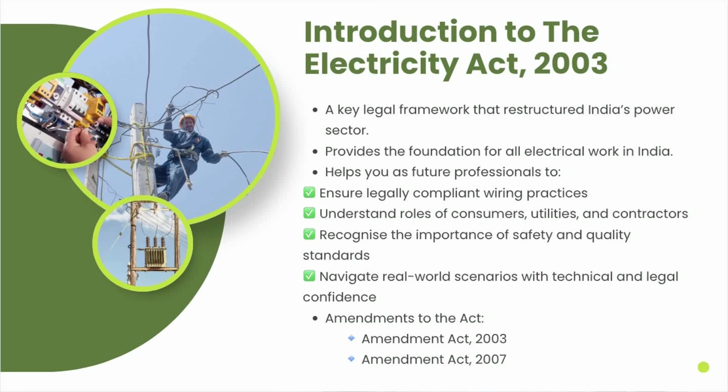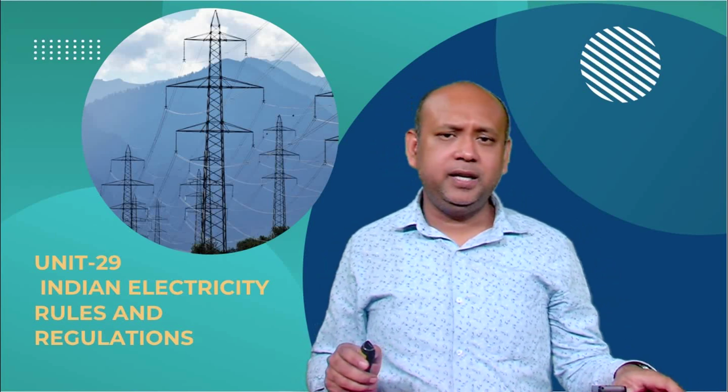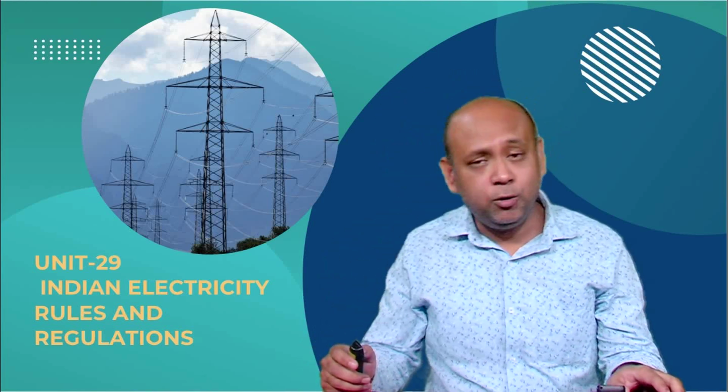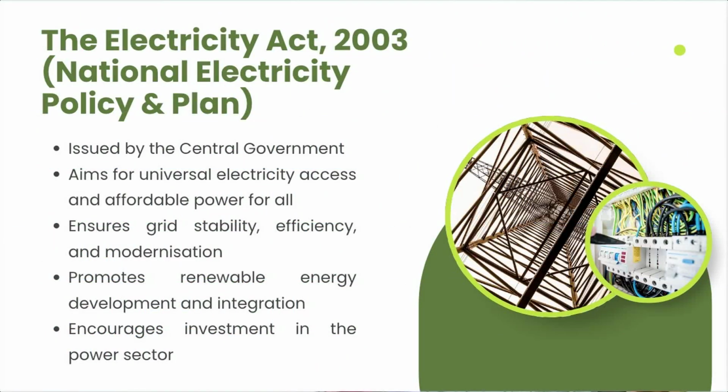There have been two amendments to this Act, the Amendment Act of 2003 and the Amendment Act of 2007. Now, let's take a brief look at the various parts of the Act and how they impact the power sector. Under the Electricity Act of 2003, the central government introduced the National Electricity Policy and Plan to guide the power sector.